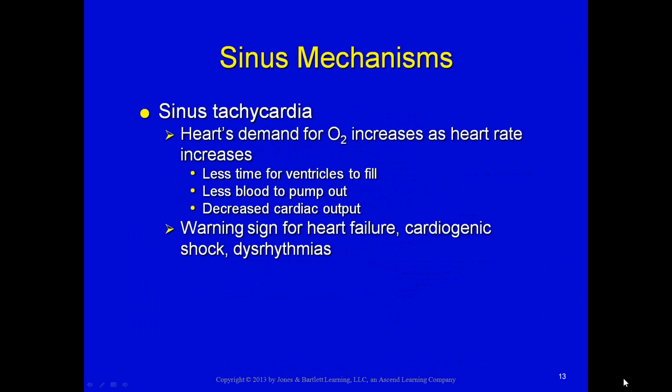So what's interesting about an increase in heart rate is that, when you go into shock, your body's compensatory response is to increase the heart rate. And initially, increasing the heart rate does increase and maintain the blood pressure. But if the heart gets beating too fast, it actually moves less blood because the ventricles don't have time to fill. And this is going to result in a decrease in cardiac output and a drop in blood pressure.